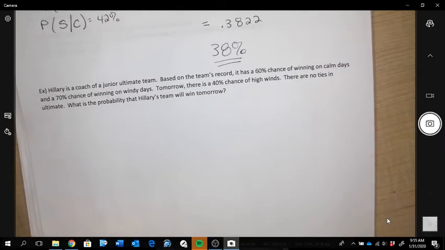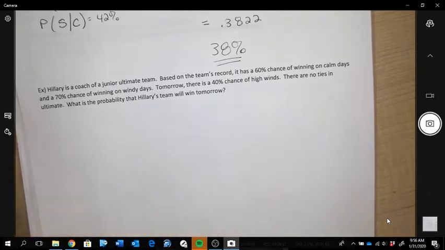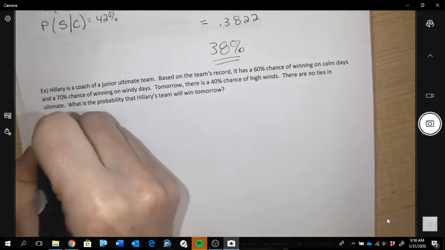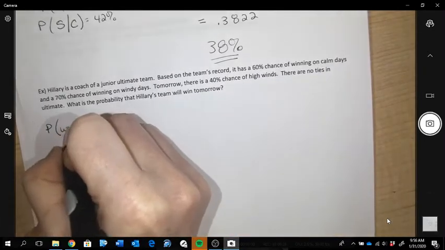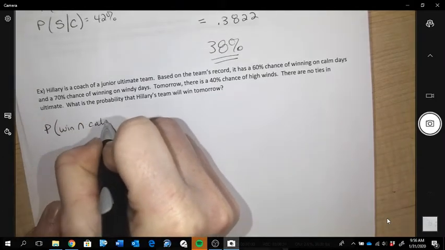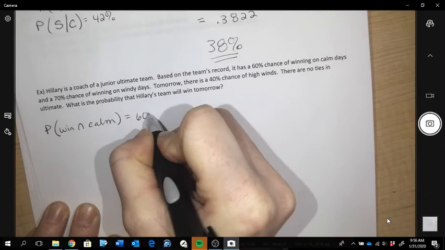Hillary is the coach of a junior ultimate team. Based on the team's record, it has a 60% chance of winning on calm days, 70% chance of winning on a windy day. Tomorrow there is a 40% chance of high winds, and there are no ties in ultimate. So what's the chance that they will win? Okay, so the probability of winning and it being calm is 60%.